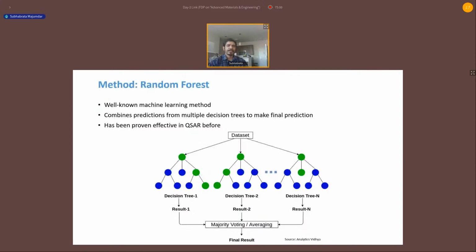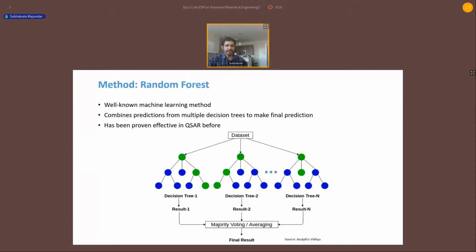Suppose decision tree 1 predicts that the ratio is 1. The activity value is 1, the thresholded ratio. Decision tree 2 also says that it's 1. And decision tree 3, suppose there are 3 decision trees. There are n trees here, but I'm just saying n equal to 3. So the first tree says the result is 1, the second tree says the result is 0, the third one says the result is 1. And then we do a majority voting.